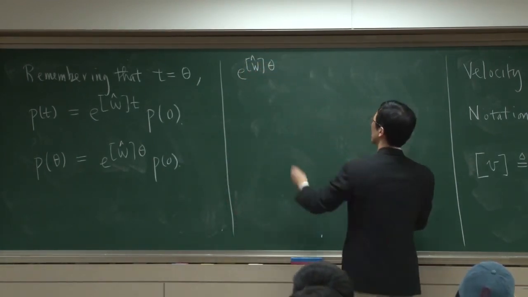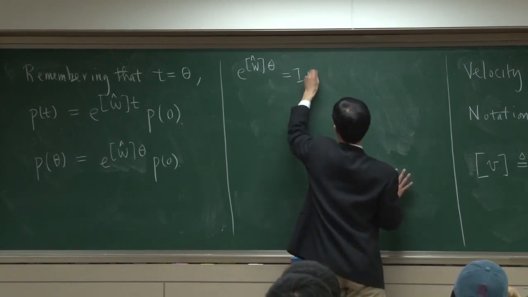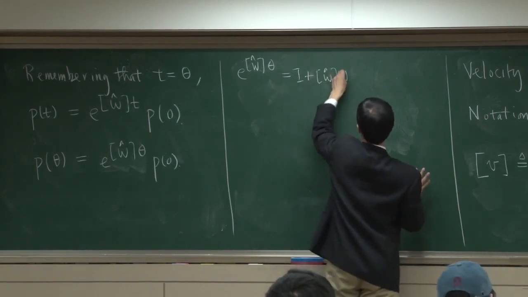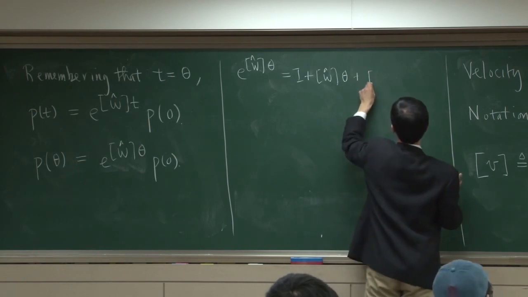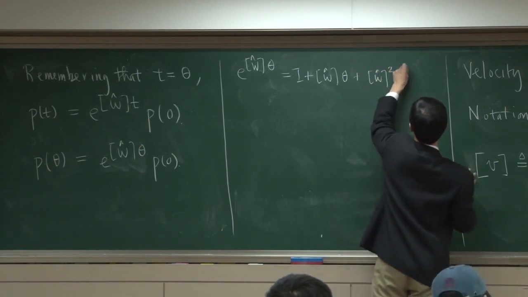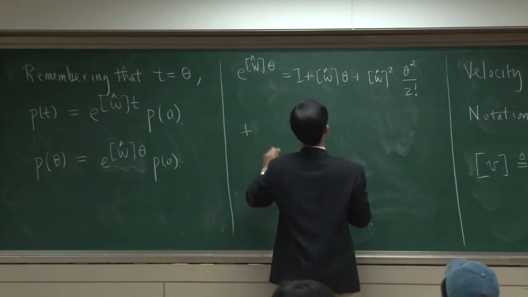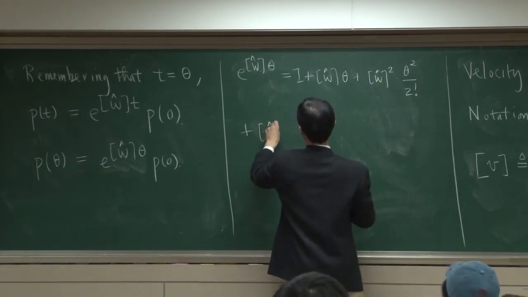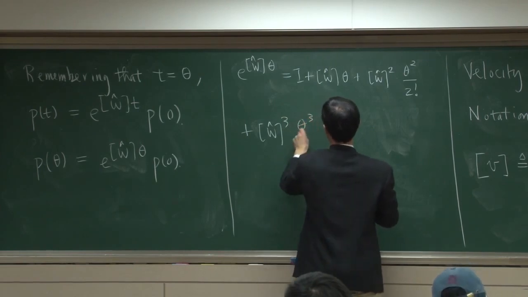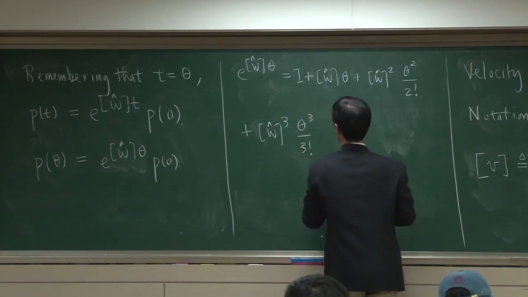So this, remember, is I plus omega hat theta plus omega hat squared theta squared over 2 factorial, plus, let's write down a few more terms, omega hat cubed theta cubed over 3 factorial.